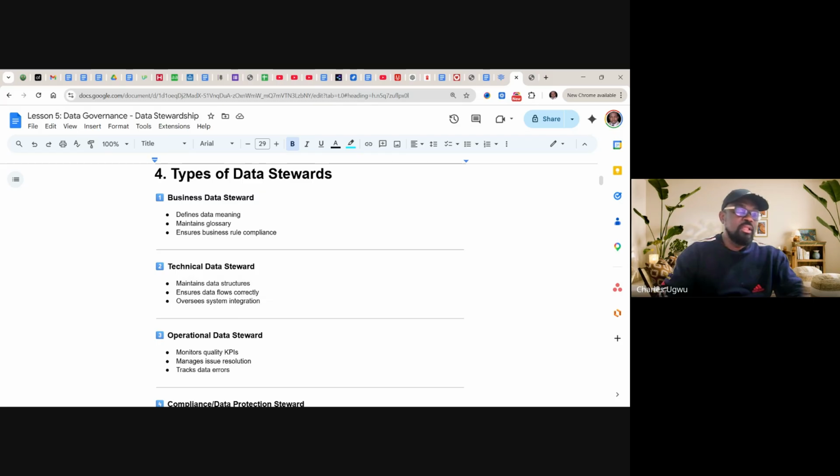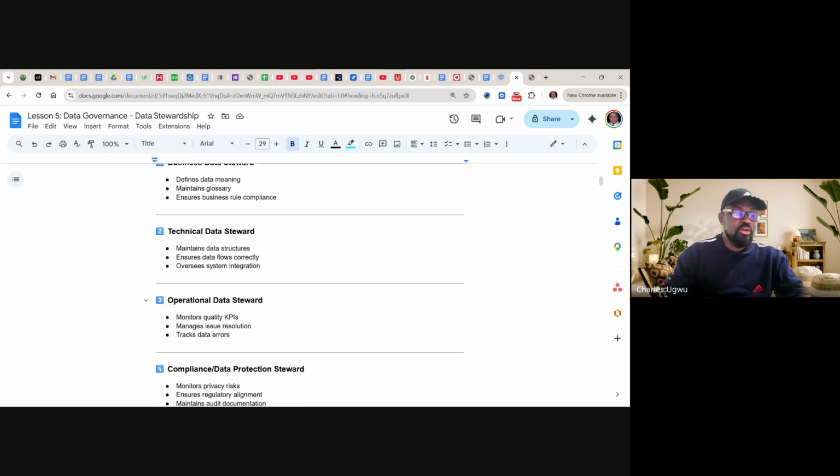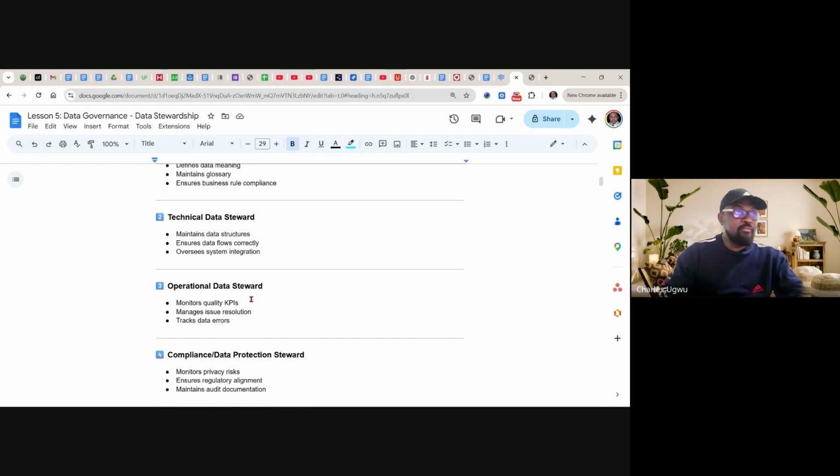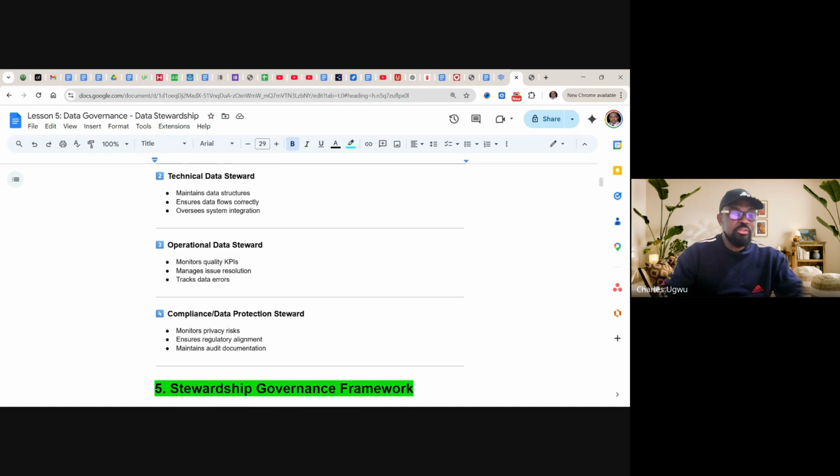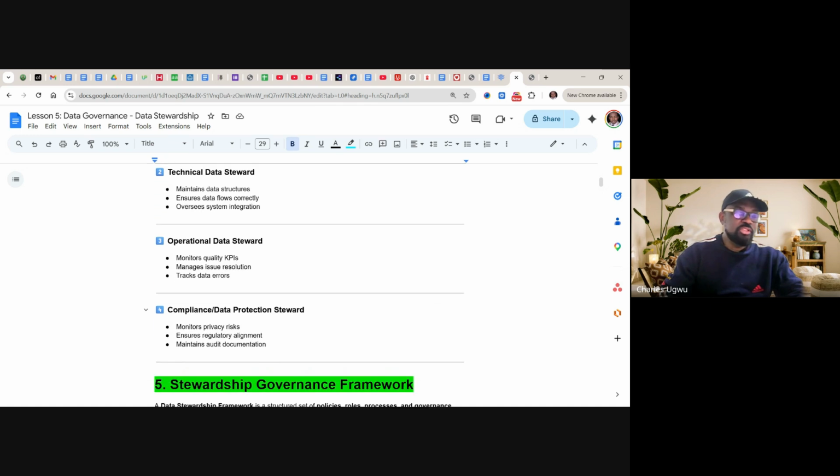But in the real world, once you're a data steward, most companies will have you doing everything stated here. You are going to act as a business data steward, as a technical data steward, and as operational, compliance and protection. Everything about data protection and stewardship lies on your lap, in most cases.